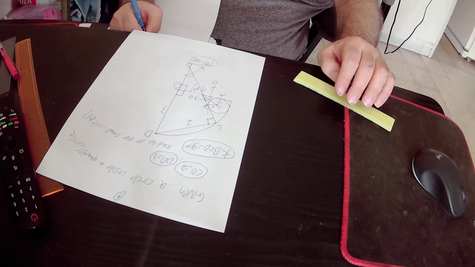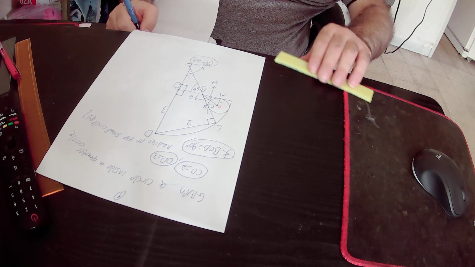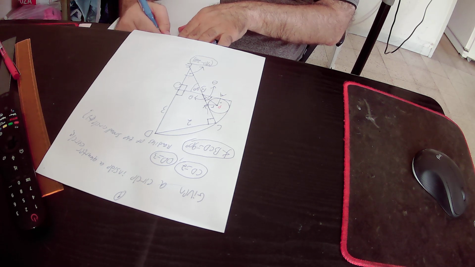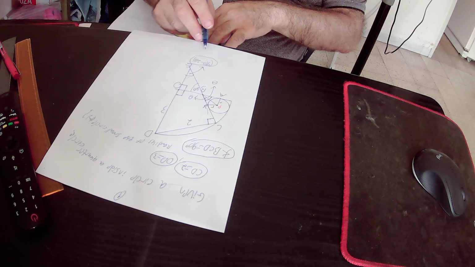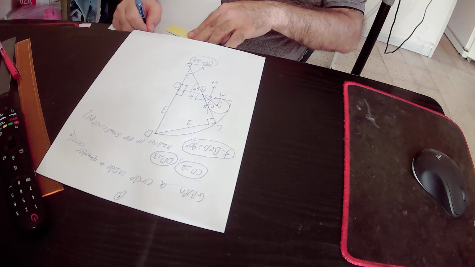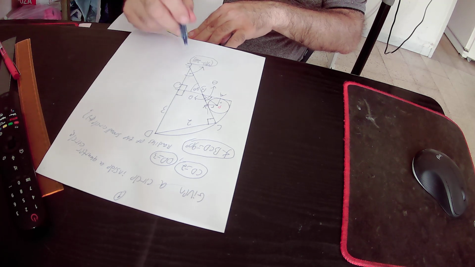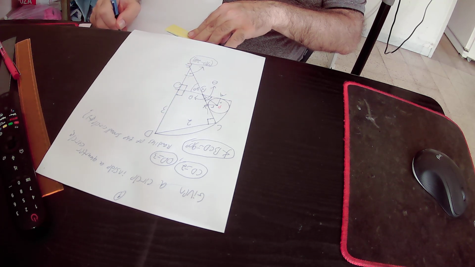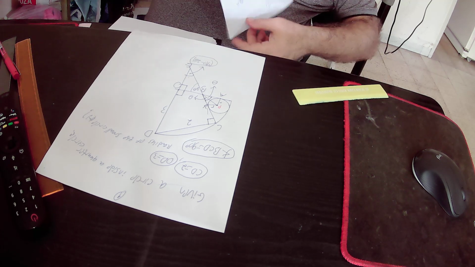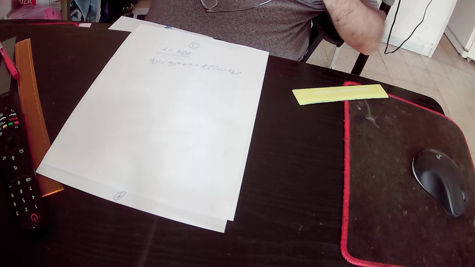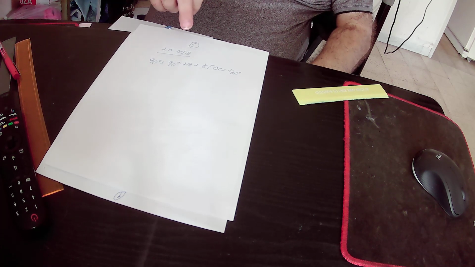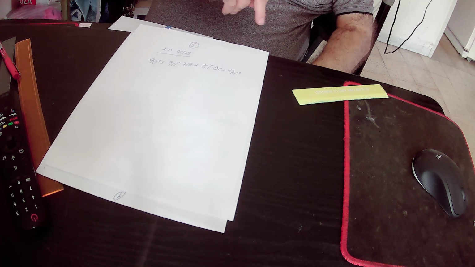So in triangle CDE, 90 degrees plus 90 degrees minus 2 theta plus the size of angle EDC must be equal to 180 degrees, according to the rule that the sum of the angles in any triangle is equal to 180 degrees.